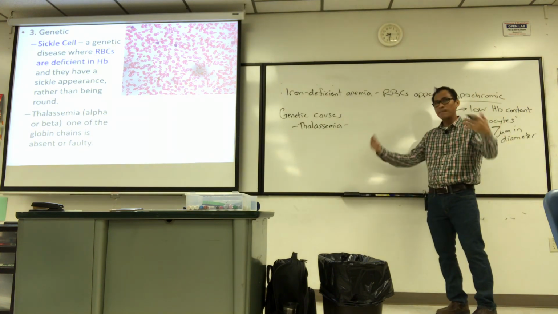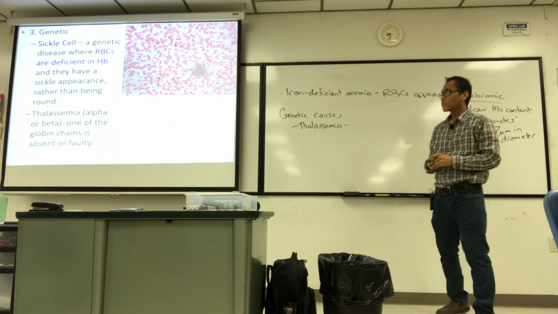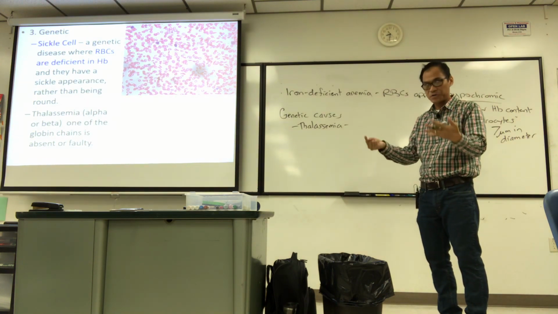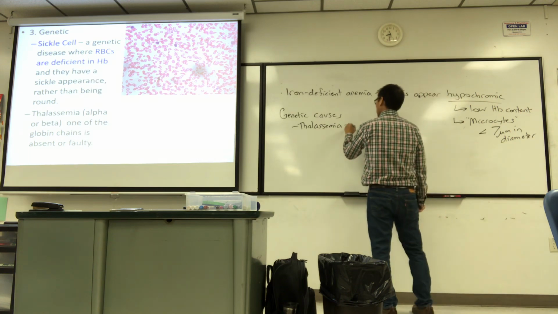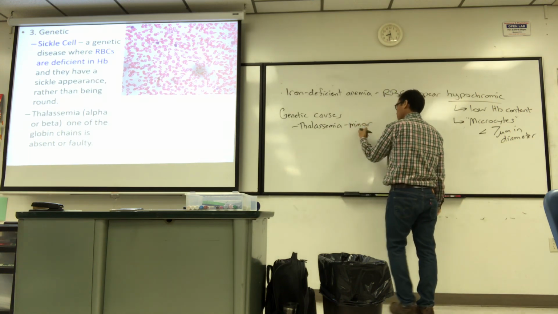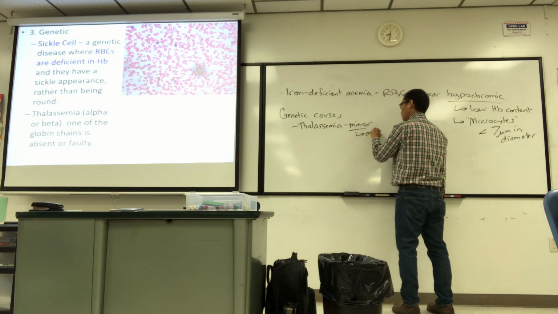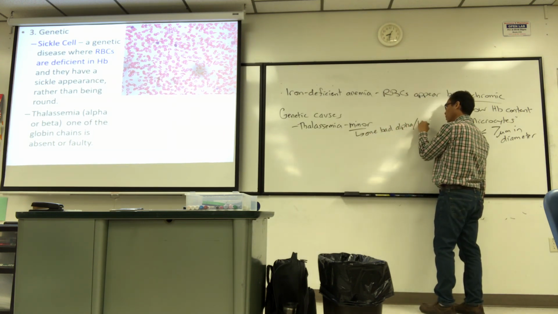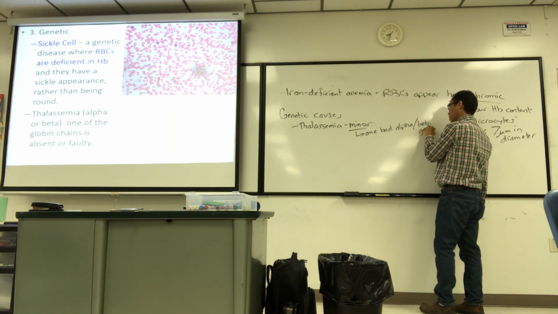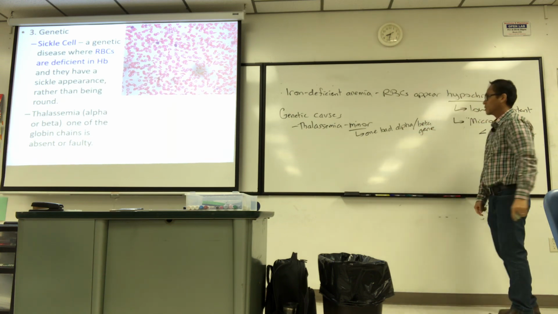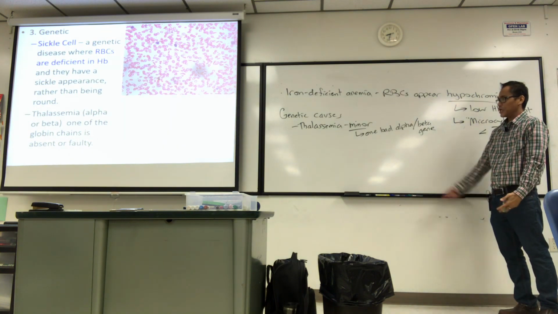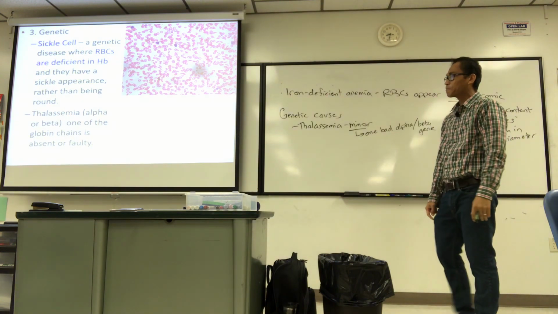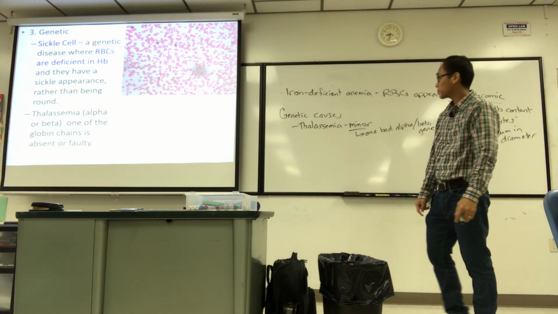If you have one bad one, that's minor. If you inherit 2 bad ones, that's major. So minor is the more common one. One bad alpha or beta gene, so you're going to have low blood because you only have one good gene of the alpha or the beta producing the hemoglobin. So the cells might be much smaller.